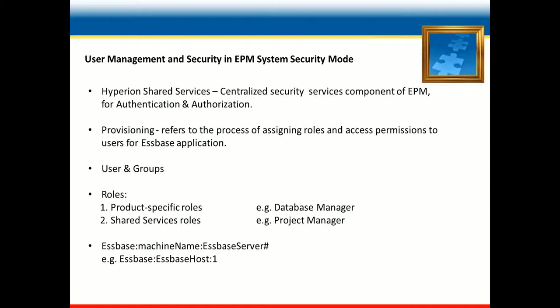We'll go through the first mode of security available for SBS, which is called EPM system security mode. In this mode, SBS uses Hyperion Shared Services, which is a centralized security services component of EPM, used primarily for authentication and authorization. Like SBS, several other Oracle EPM products also utilize shared services for centralized security management.